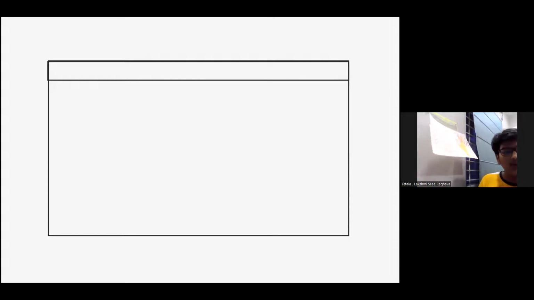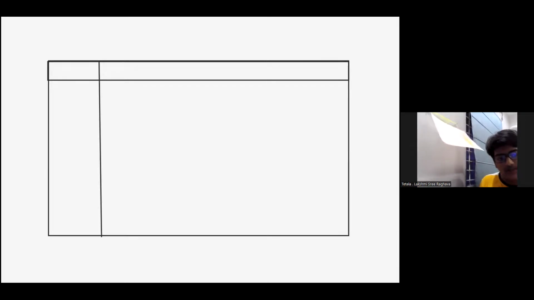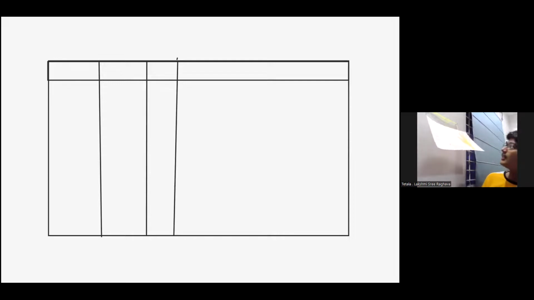First, let me leave this space. Then first for 0 degrees, then we have to find the value for 30 degrees, not 35, I'm sorry, it's 30 degrees.